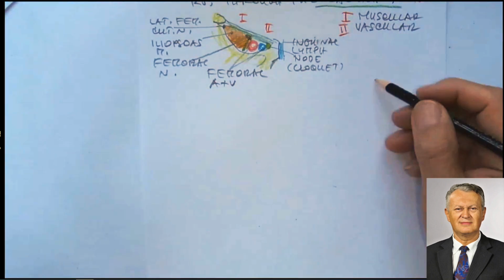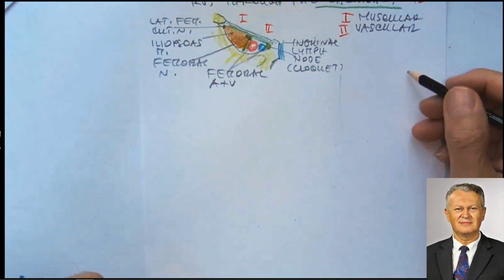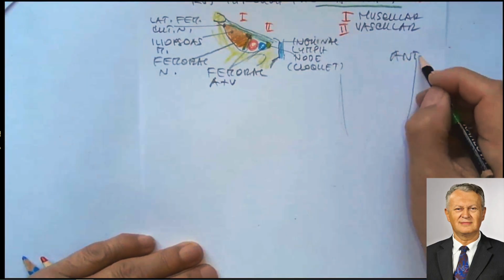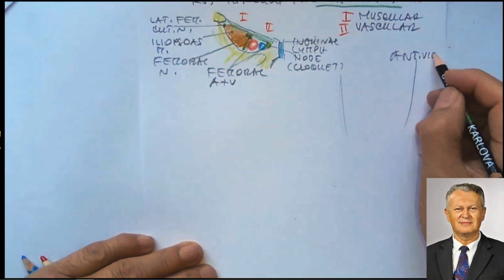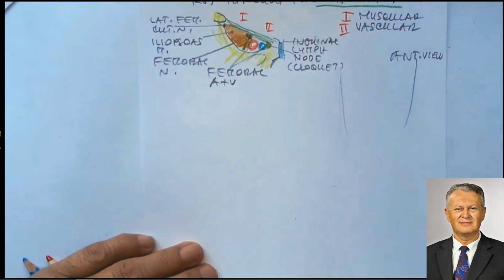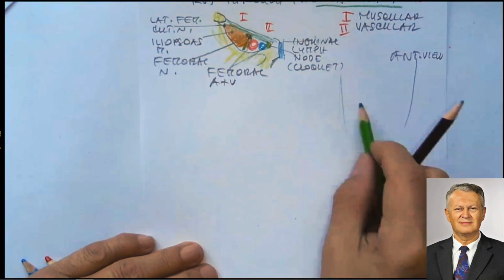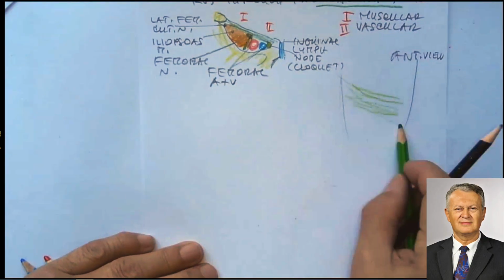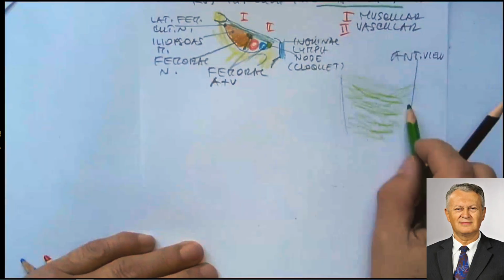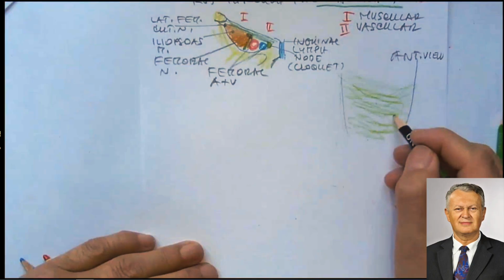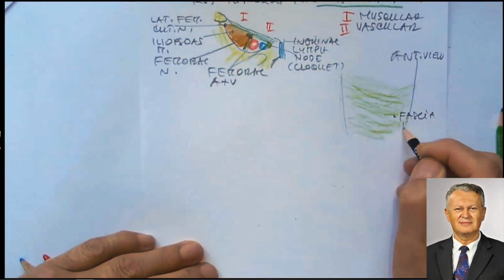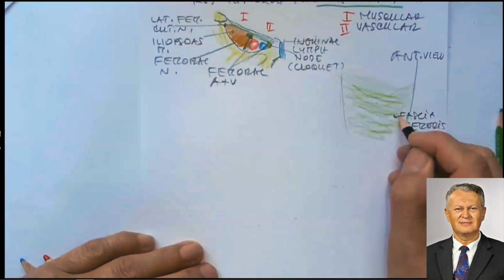Then what we also have to mention is that anteriorly, I'm just sketching quickly, we see the anterior view, and we said that there is the fascia lata femoris, fascia lata covering the whole thigh, fascia femoris or femoral fascia.